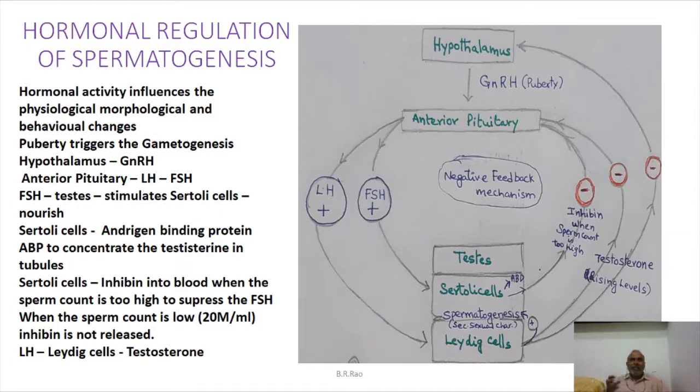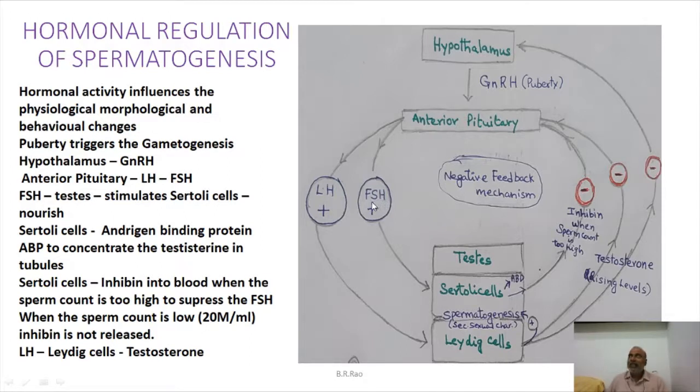The anterior pituitary, adenohypophysis, gets stimulated by GnRH and immediately secretes two hormones: luteinizing hormone and follicle stimulating hormone, FSH.